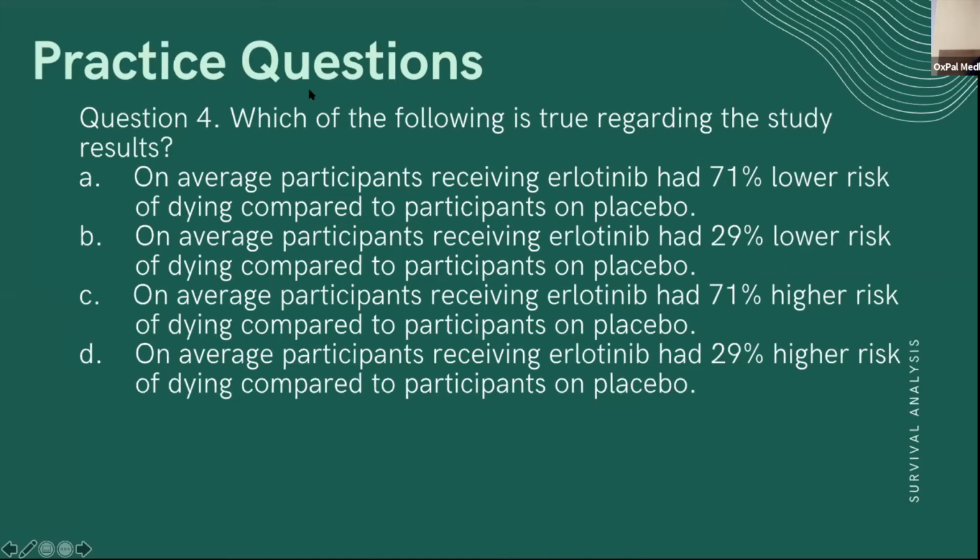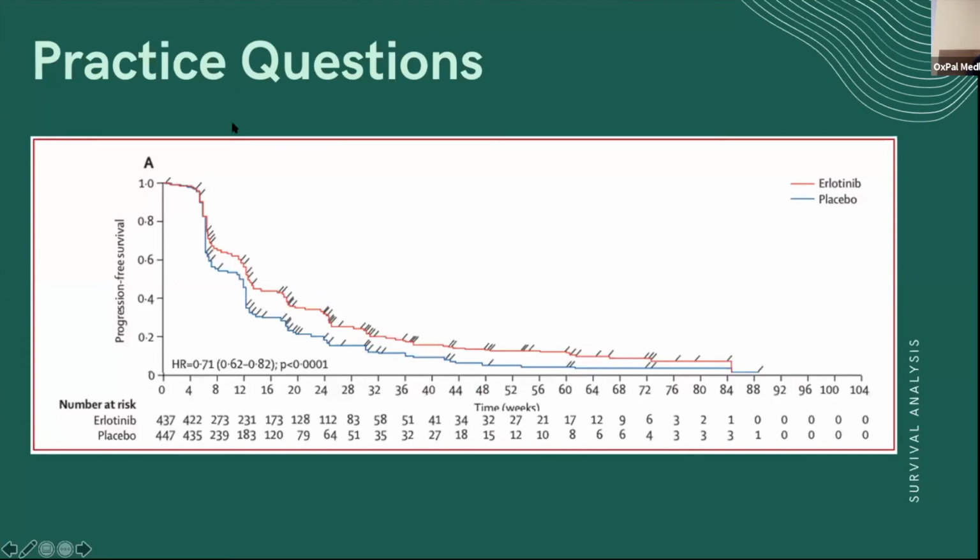Based on the Kaplan Meier curve that I showed earlier, with a hazard ratio of 0.71, what is our interpretation of this curve? Letter A is the risk of dying is 71% lower.